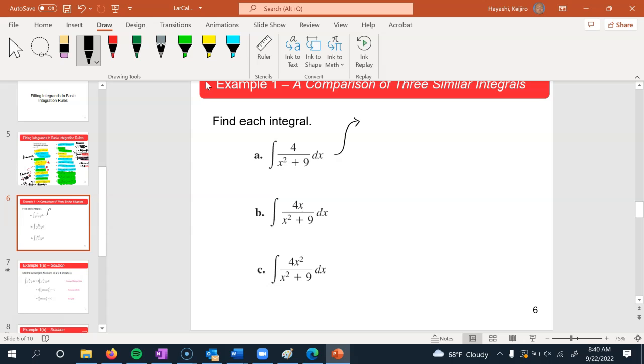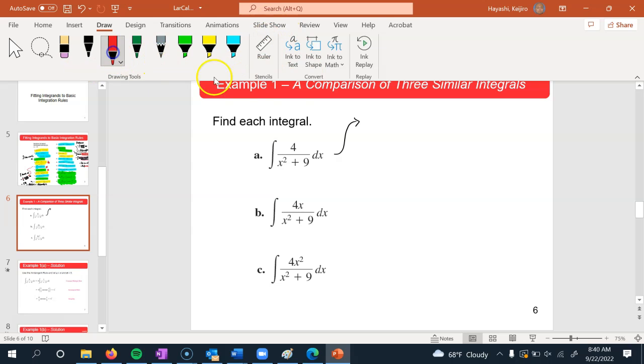I can't really say how it would be, because there's no choice for u that I can make from within the integrand that has its du. So for example, if I had u equals x squared plus 9 in here, then du would be 2x, which I don't have, and I can't just throw an x in there just because I want to. So u substitution probably won't work here.